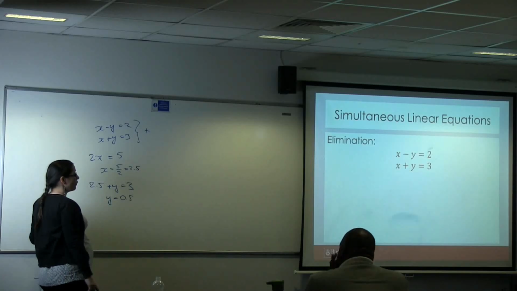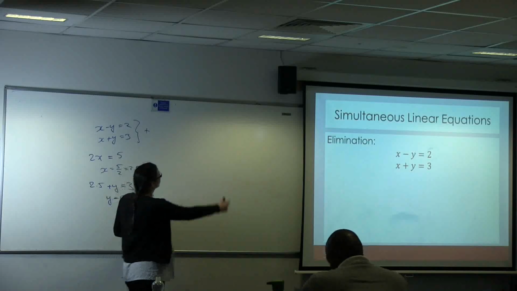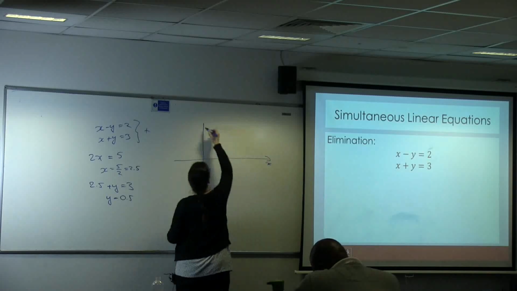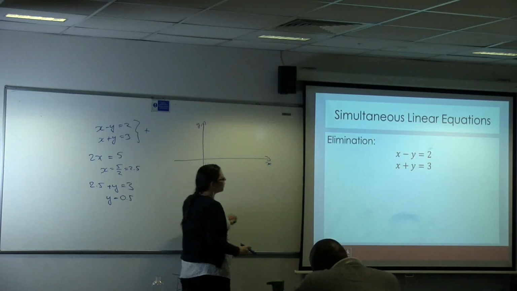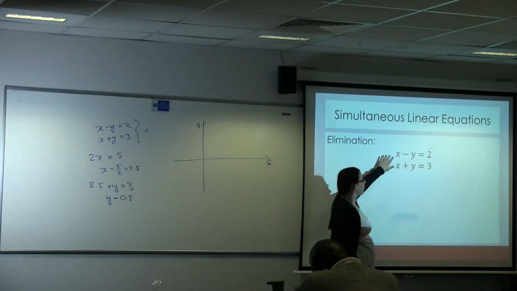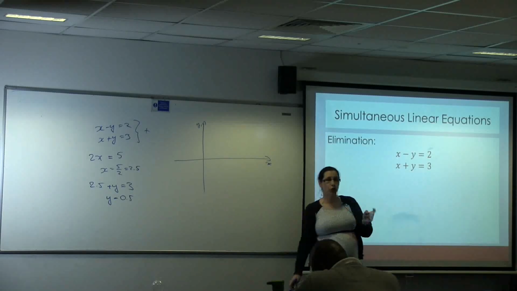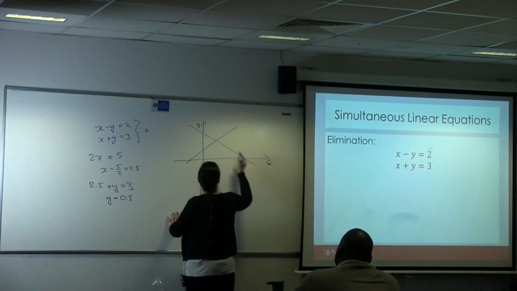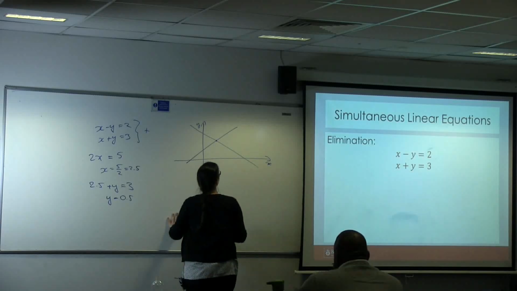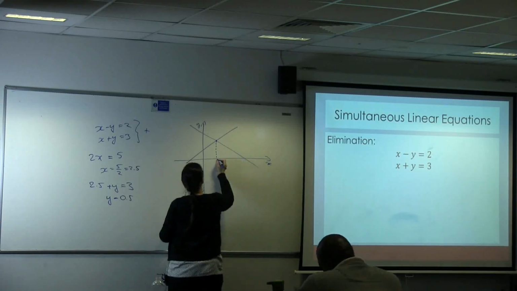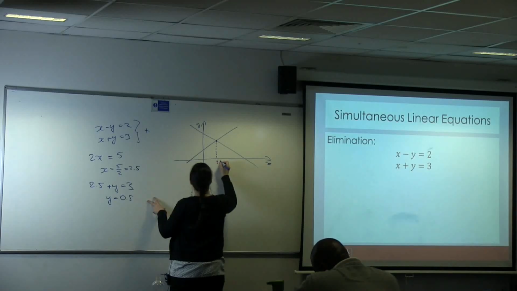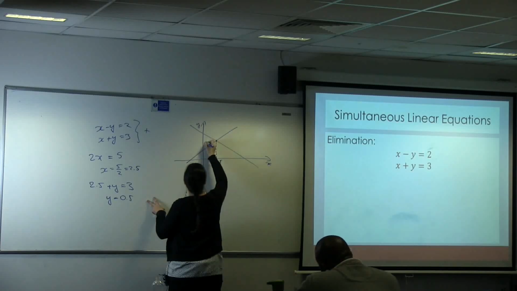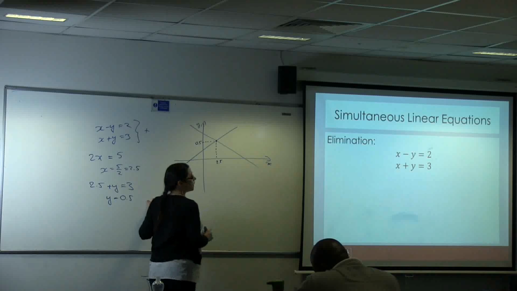Now, what have I actually found here? If I look at the two equations individually, separately, and I draw them as lines, they would cross somewhere, and that particular point would be 2.5 in the x-coordinate, and I probably went too far in here, 0.5 in the y-coordinate.